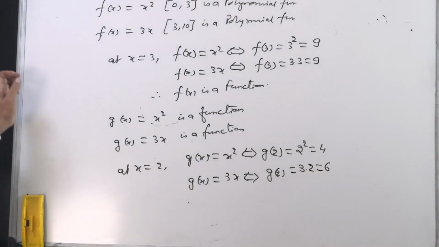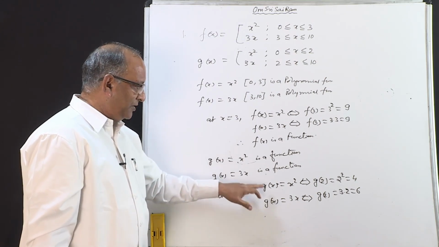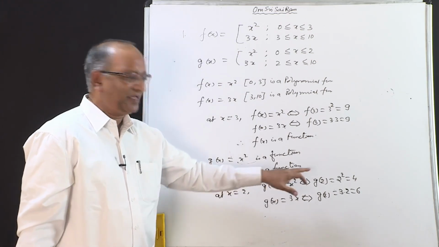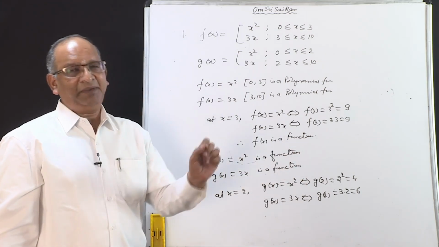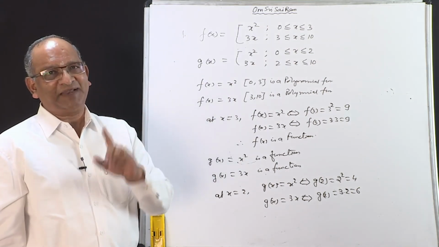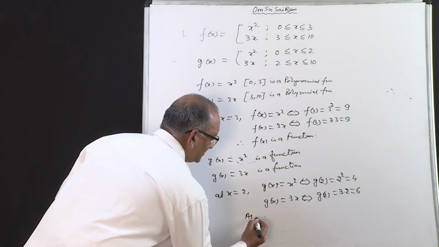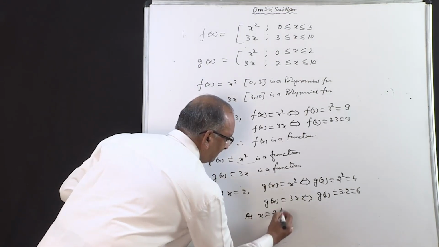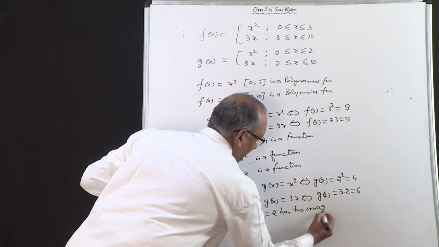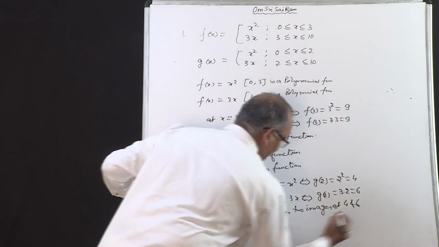Means what? One element 2 at x equal to 2, this is giving you image at 4 and the other function is giving the image at 6. Same element is giving two images. Same element is having images on 4 as well as 6, as x equal to 2 has two images at 4 and 6.